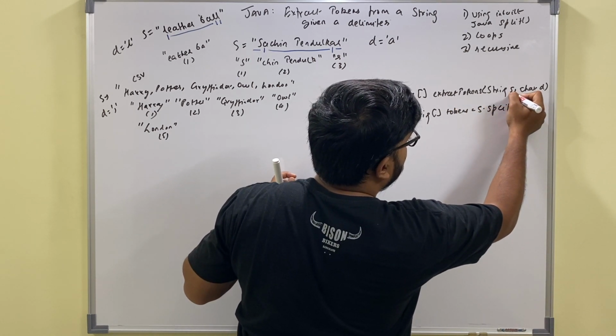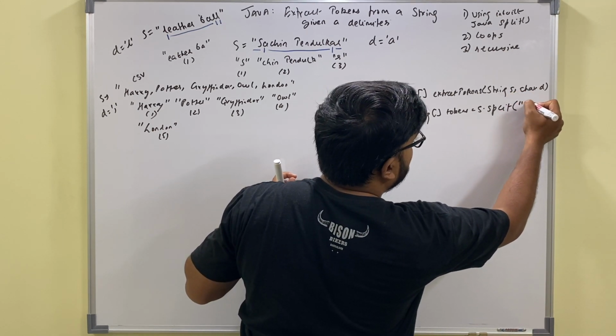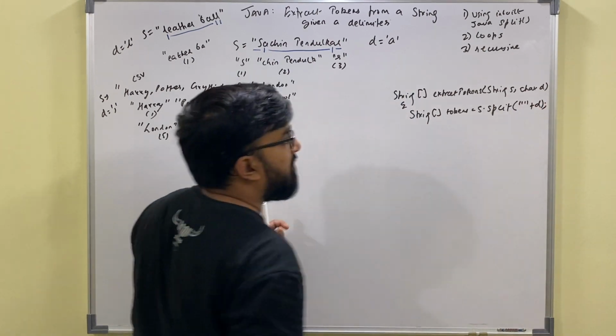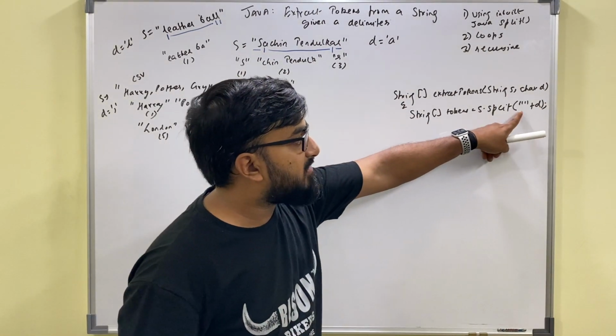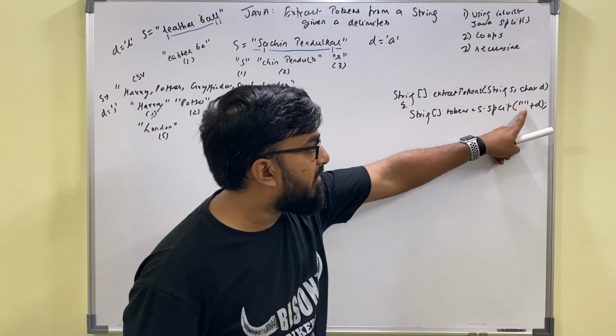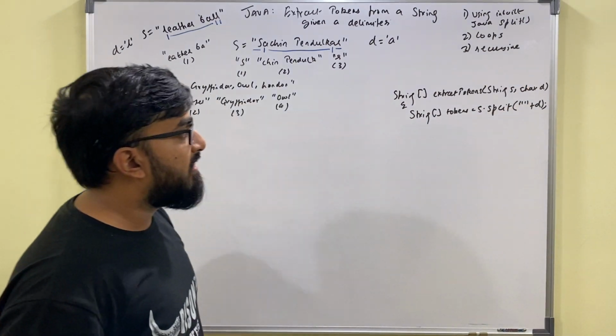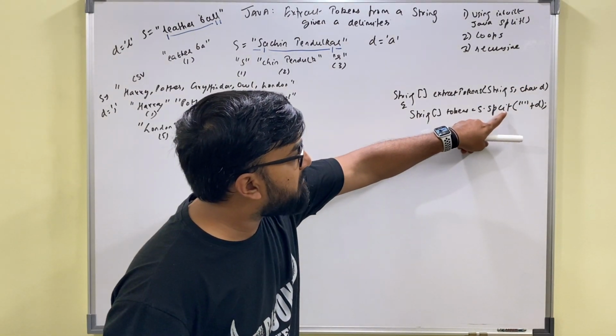On this s, which is the string to split, you call the split function and you pass this delimiter as a string. This function will not accept a single character, but you can pass a single character as a string. You can add a blank string to this character, and it goes as a single character string. The return type of this method split is basically a string array.